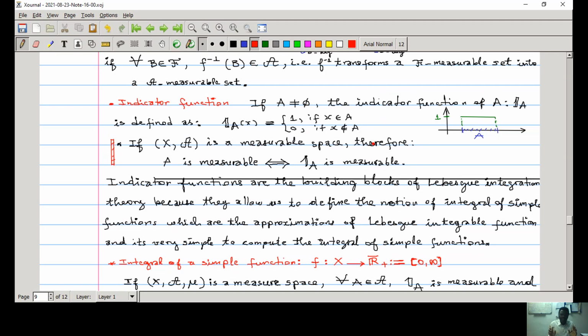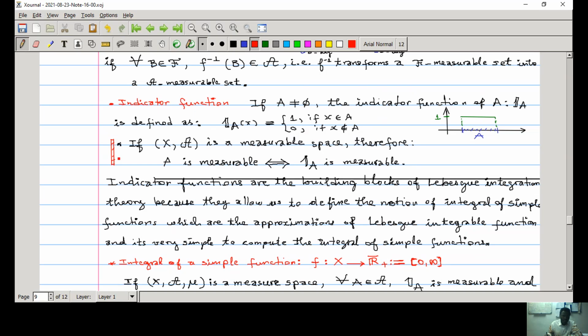Now, how are we going to select the sets? Because when you say indicator function, it is the indicator function of a set. Now, the sets that we are going to use in this case will be, when we say f takes a certain number of values, the preimage of each value will be our set.